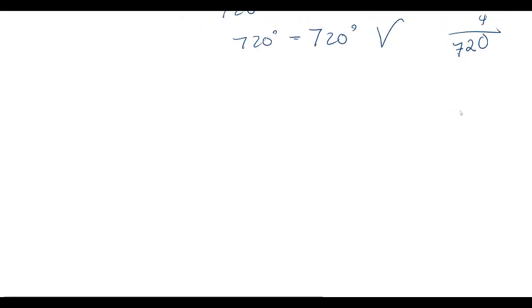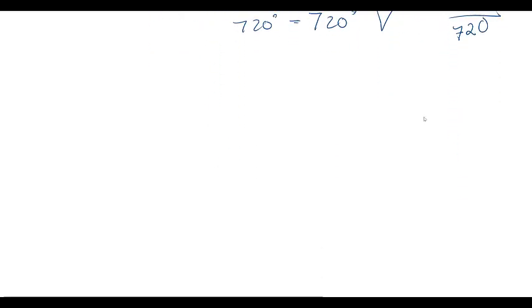Let's take a look at one more problem. In this problem, we won't know a priori what type of polygon we have. So we have an unknown polygon, okay? And what we do know about it is the sum of all the angles.